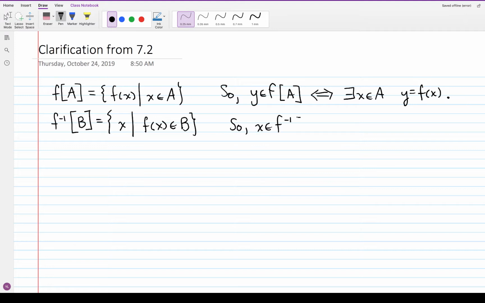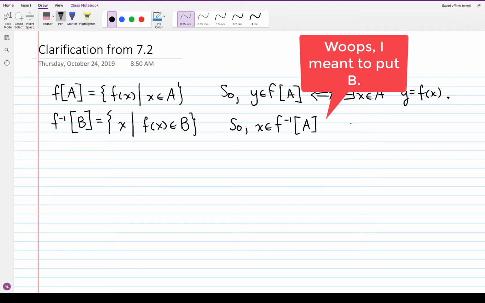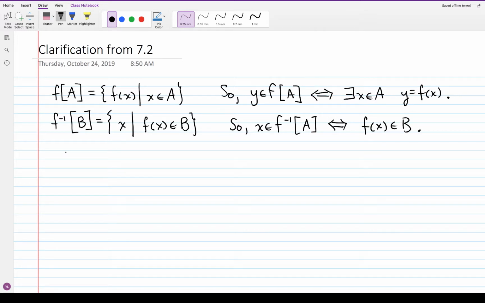The elements I would likely call x because they're understood to be elements of the domain. And what it means for x to be an element of the inverse image of B is that f of x lands in B.